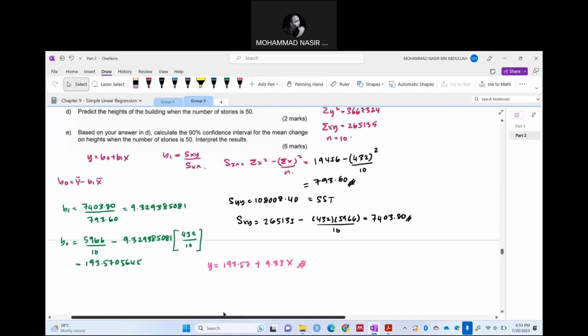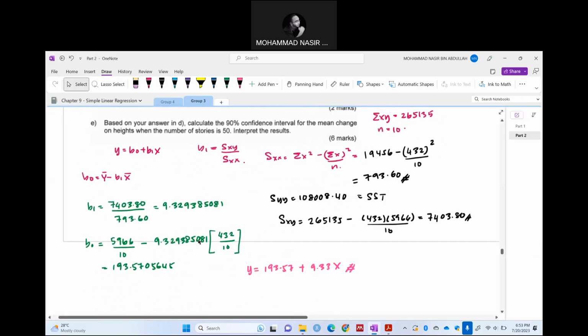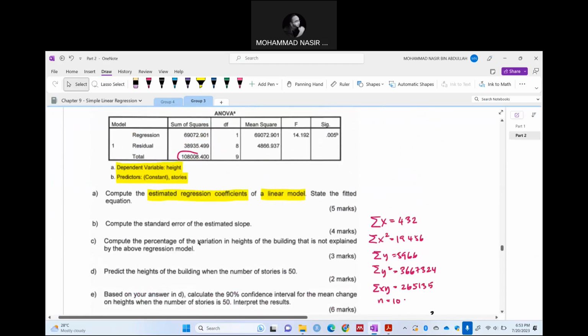This one done? Semua dapat? Buat sendiri. Dapat. Buat sendiri ada kita double check.